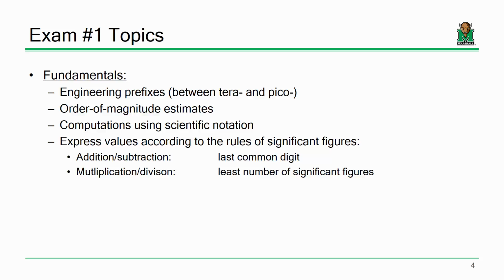There are similar things when it comes to multiplication and division. Whatever number has the least number of digits is how you're going to report the answer in the end. And so if you have a number with 5 digits multiplied by a number with 3, then your final answer should be reported to 3 digits.